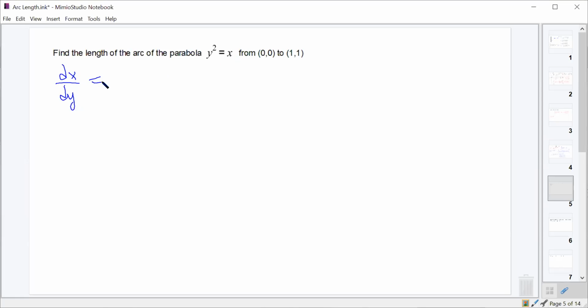And what should that be? What's the derivative of the function x with respect to y? Yes, it's 2y.